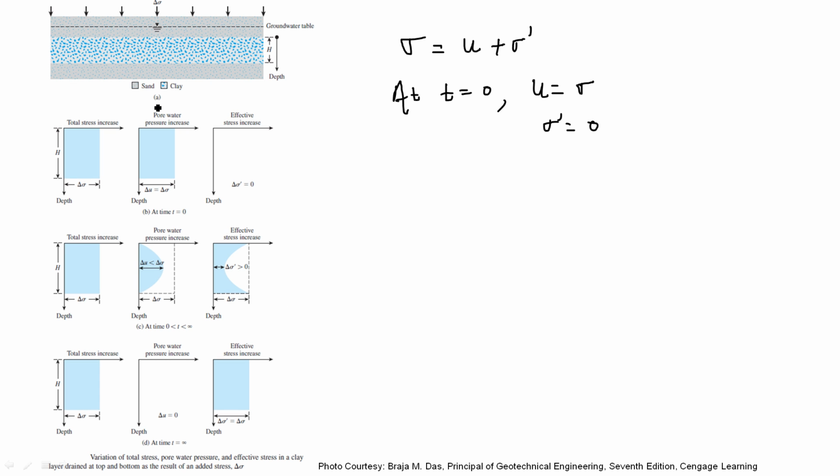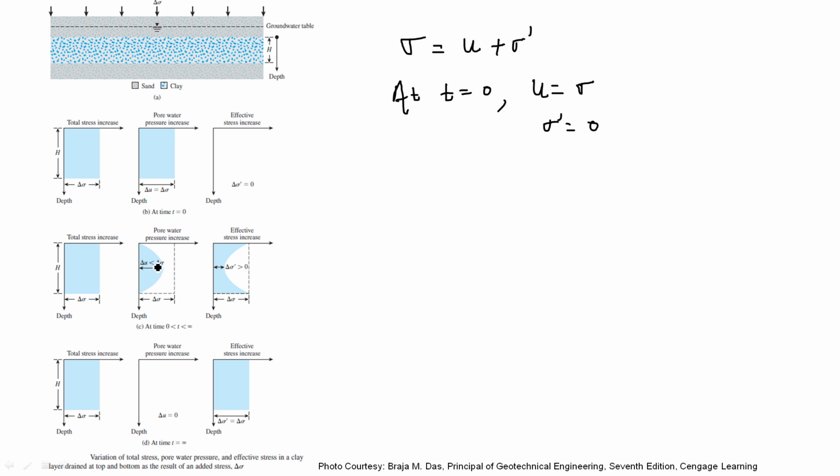So here you can see in this figure, in the primary consolidation time, what happens? The pore water pressure keeps decreasing. Why? Due to squeezing out of the pore water. So in this time, the pore water pressure keeps decreasing and effective stress keeps increasing proportionally.